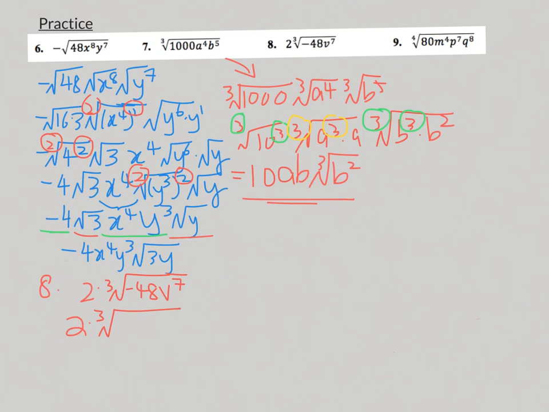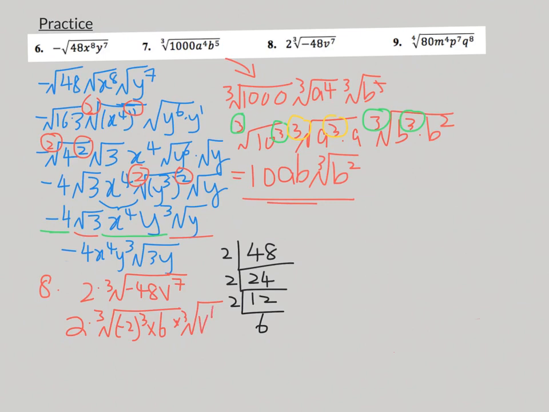So I'm going to try writing: 48 is divisible by 2, and I get 24, and I can divide it by 2 again, I get 12, and I can divide it by 2 again, and I get 6.